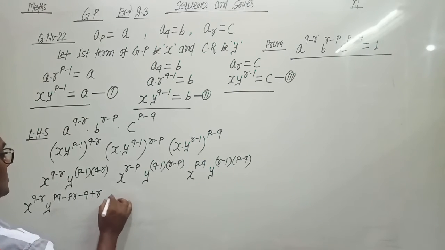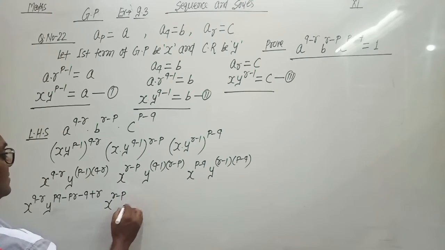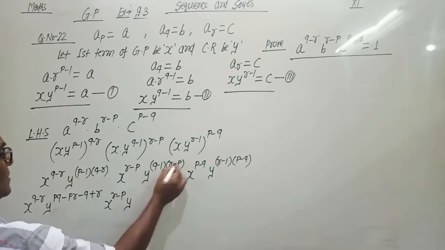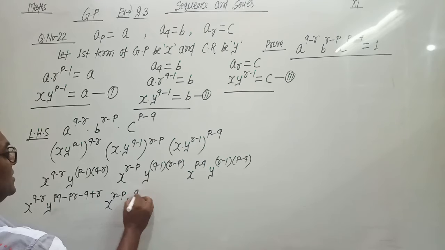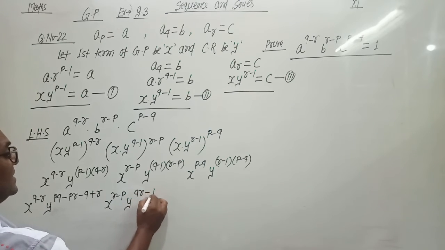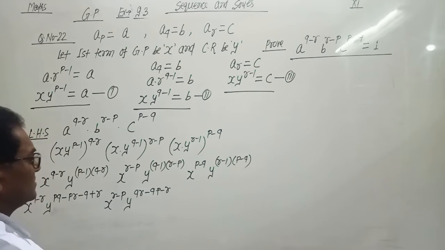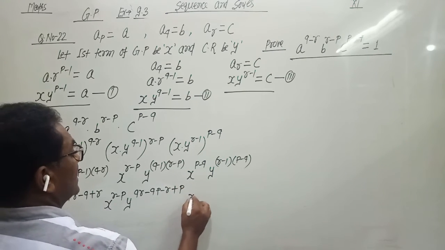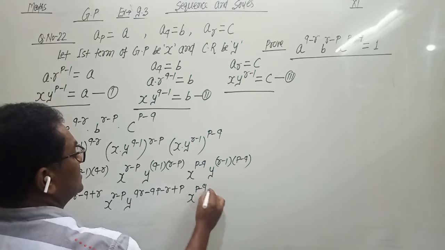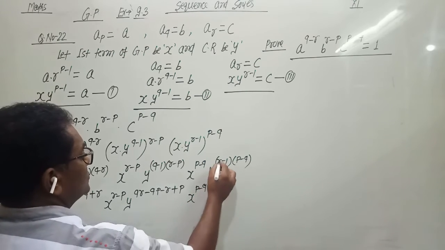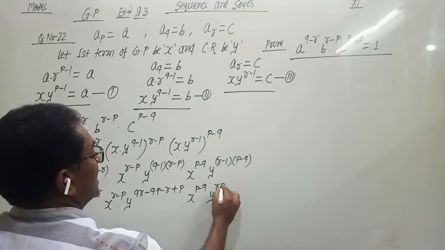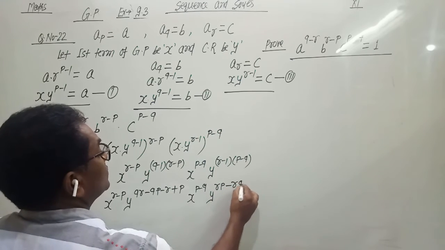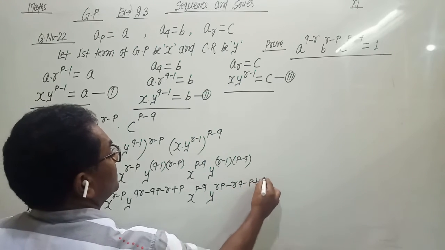Then x raised to the power r minus p, y raised to the power, powers multiplied: q into r, qr; minus q into p, minus qp; minus 1 into r, minus r; minus minus plus p. Then x raised to the power p minus q, y raised to the power r into p, rp, minus rq, minus p, plus q.